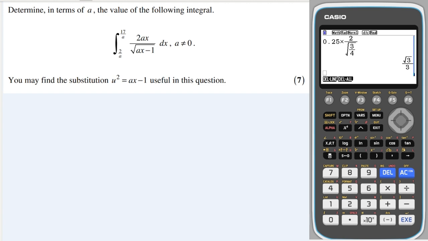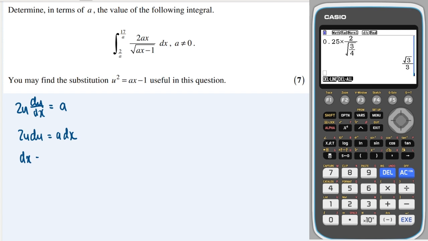So first things first, I would always differentiate the substitution. I'm going to do it implicitly, so I'm going to get 2u du by dx is equal to just a. So therefore 2u du is equal to a dx.